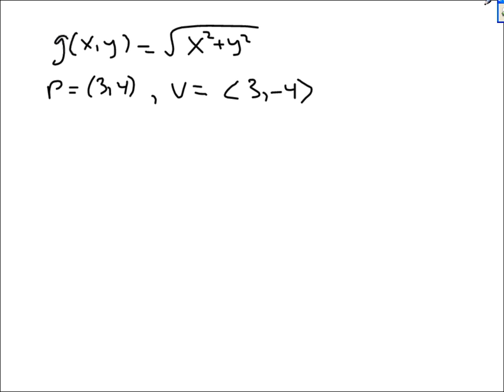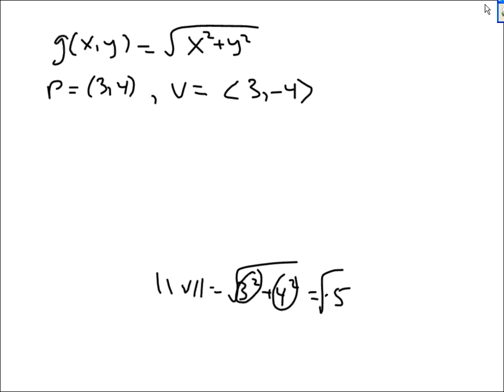Well, you should know the length of that vector. I mean, we just see it all the time. It's the square root of 3 squared plus 4 squared. You need to start learning your Pythagorean triples. 3, 4, 5. It's 5. 9 plus 16 is 25, and the square root of 25 is 5.